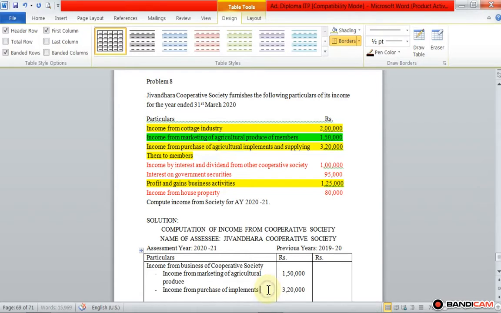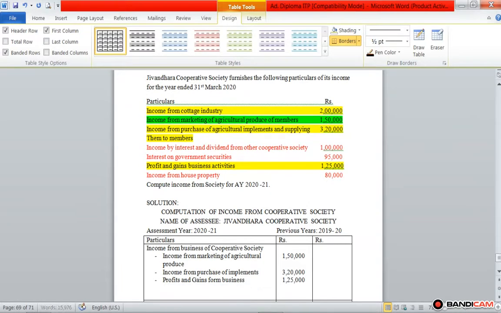Then profits and gains from business activity amounted to rupees 1,25,000. Then find out the income related to the cooperative society. Here only three incomes are related to the cooperative society; income from cottage industry we separately add.